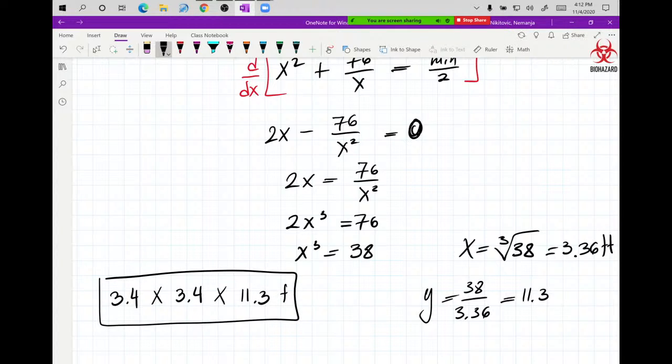All of that in feet, obviously. That's a big box. That's what happens when you just put a random number like 38. But when you multiply these numbers, you should get 38.